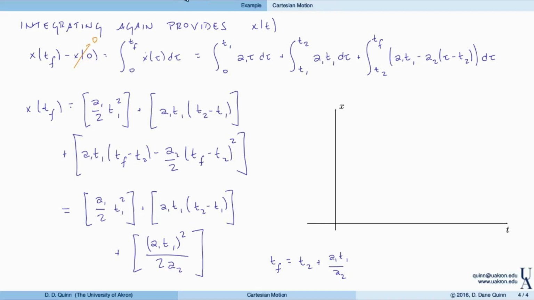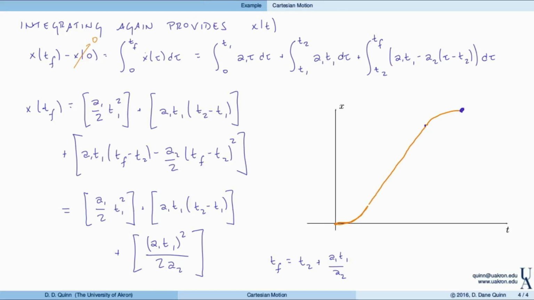So looking at a displacement time plot, we see that the motion is quadratic during this first interval, and then linear in time during the second interval, and then quadratic in the final interval before reaching zero velocity.